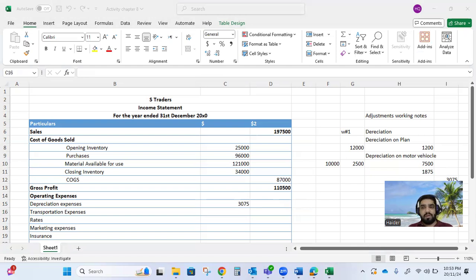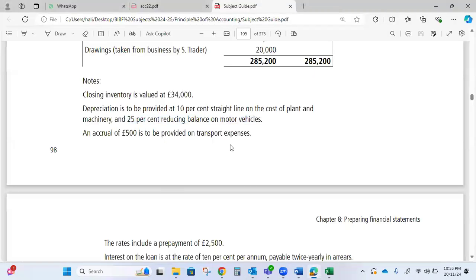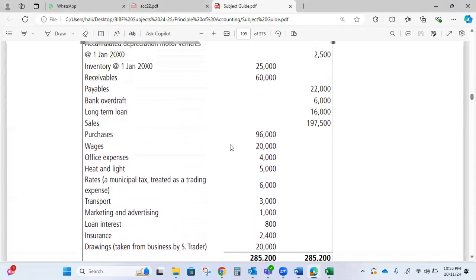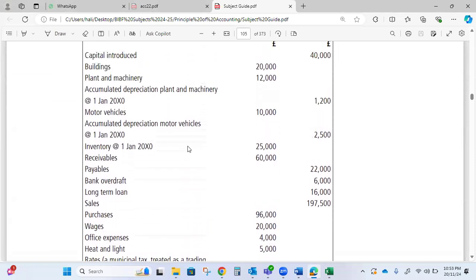Now we need to deal with the rest of the operating expenses. Let's go back to the question. We have dealt with the depreciation expense. Now let's move on one by one. Inventory is not an expense, receivable is not an expense, payable is not an expense, overdraft is not an expense. Long-term loans, sales, purchases we have dealt with.